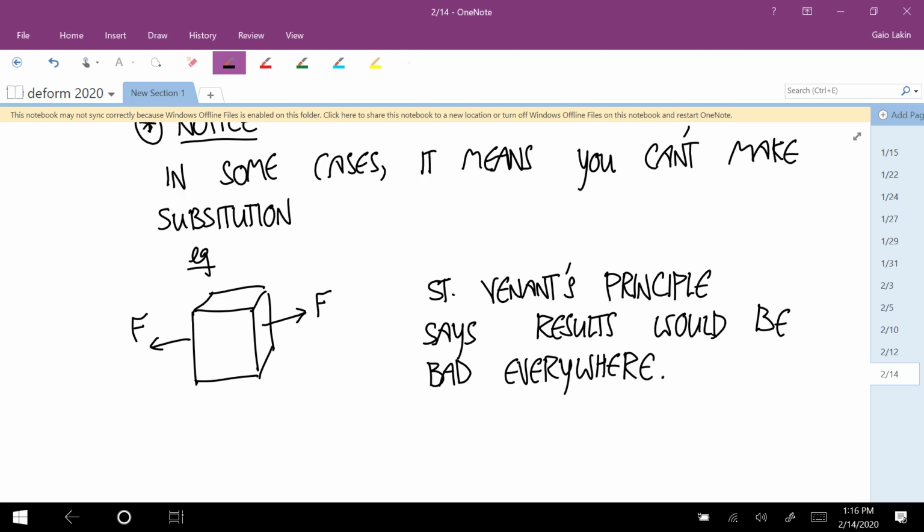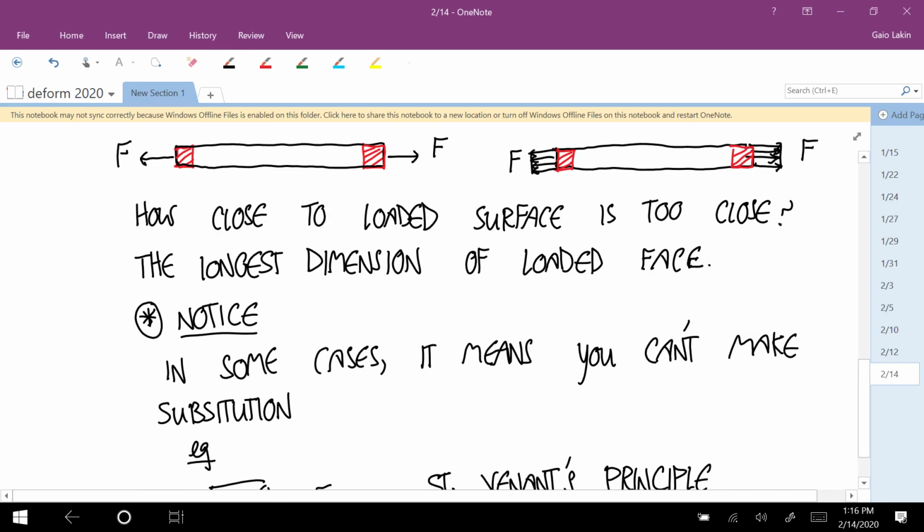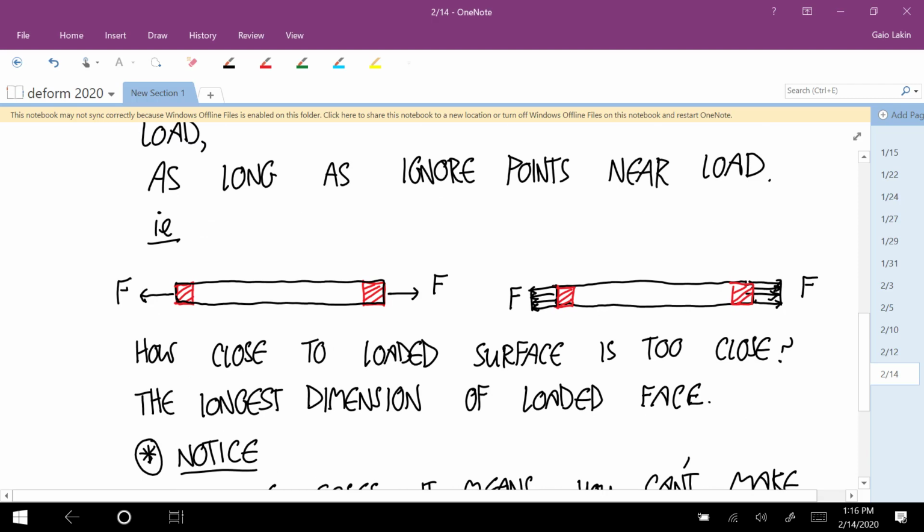So what do you do in a case like that where you can't make the simplification and do the calculations the way we're doing them, or you can do it, but the results won't be good? Or what if you want to know what's happening in a beam like this, but you also want to know what's happening at the end? How do you deal with that?